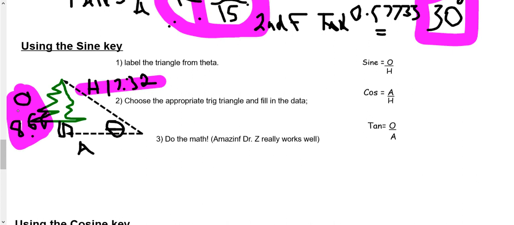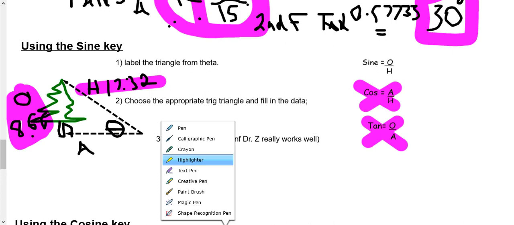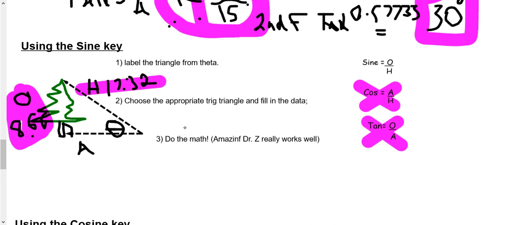What's A got? What you got, A? You got nothing. So we don't need anything with an A in it. So we're going to use sine. Okay, so back here. So sine is equal to opposite over hypotenuse.